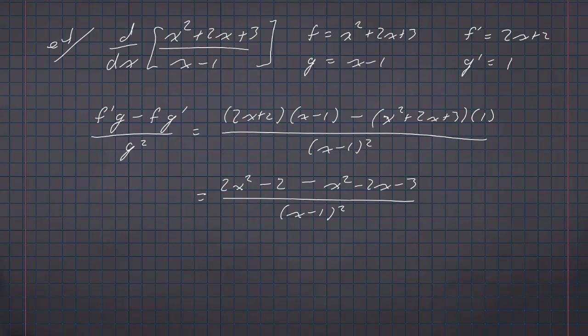Combine some like terms. 2x squared minus x squared is x squared. We've got a minus 2x, and we've got a minus 5. X squared minus 2x minus 5 does not factor. So I can leave the result looking more or less like that.